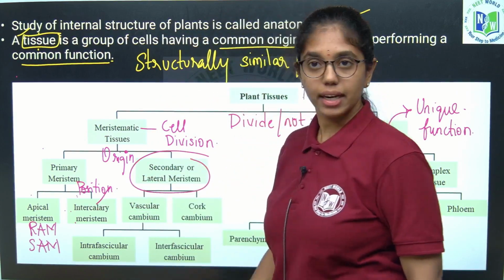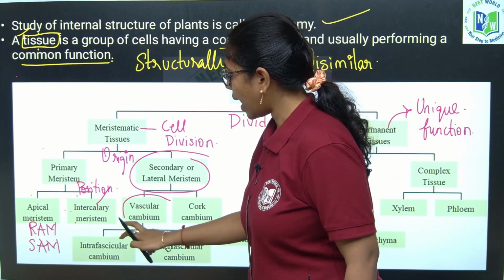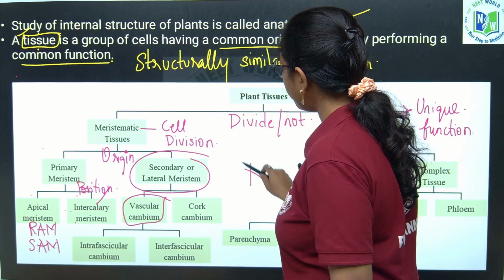Secondary or lateral meristems are present in the stellar region, in between xylem and phloem.